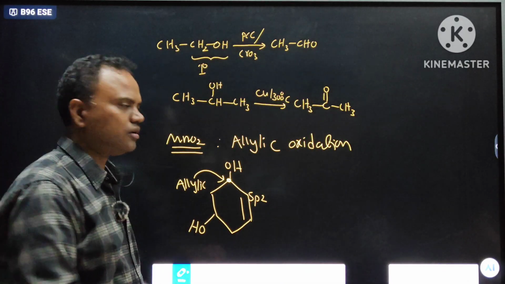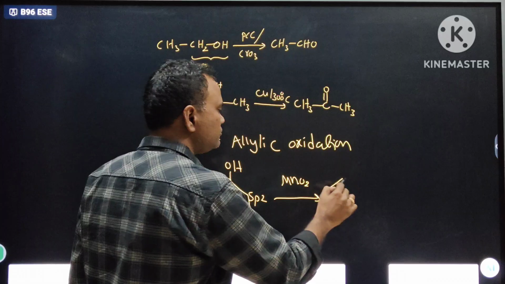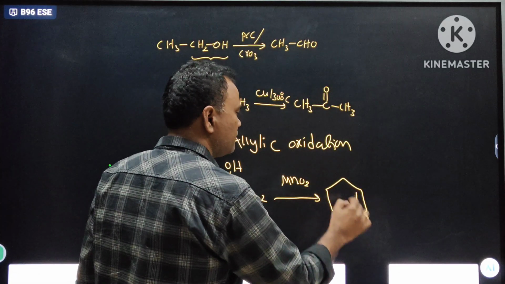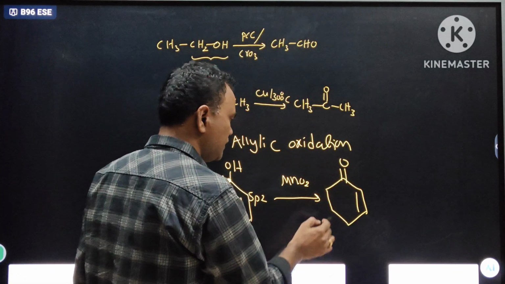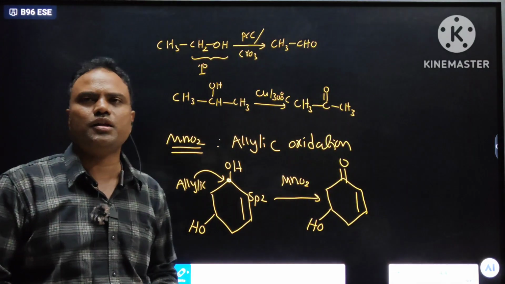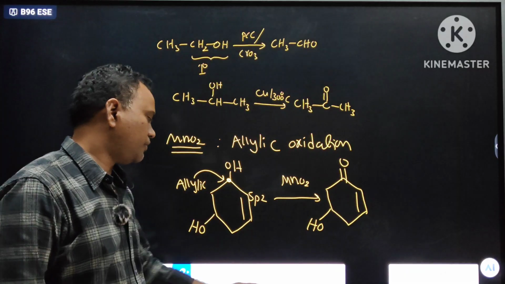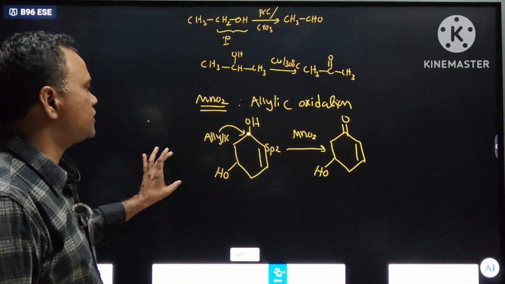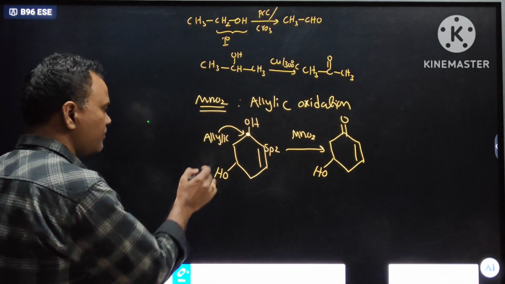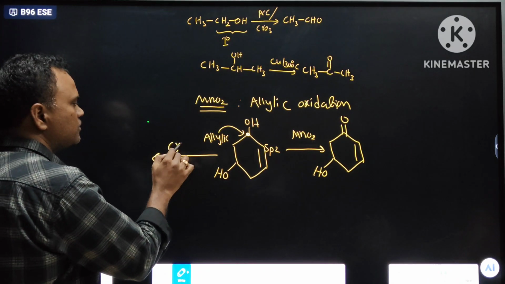This is non-allylic alcohol. MnO2 oxidizes only allylic alcohol. Non-allylic alcohol will not be oxidized. But what happens when we use CrO3 Jones reagent or copper at 300 degrees centigrade?